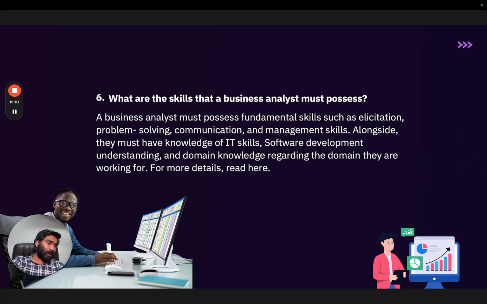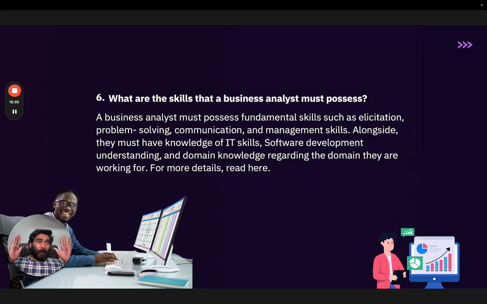If I talk about capital market, if you're looking for a business analyst role or consultant role in capital market, it is mandatory that you should know the products like equity, bonds, debentures. Then if you're looking for a particular role in maybe fund administration, then you should know about financial reporting, regulations, and understanding of the accounting in detail.